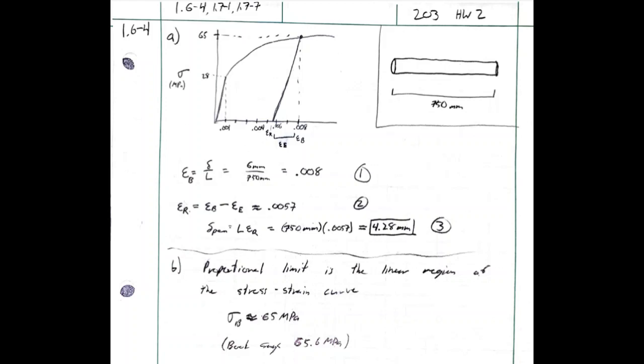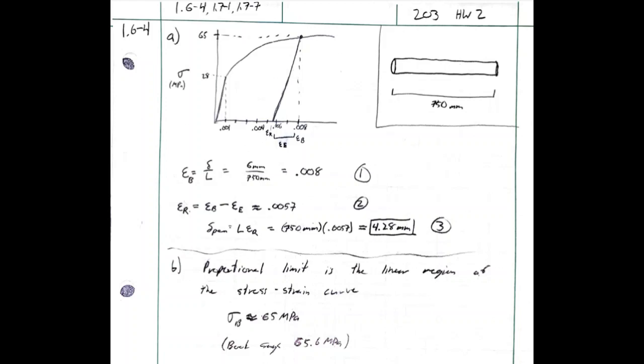So you can see that I've drawn a line that is parallel to the initial line that ends at 0.001 and 28 megapascals, and it follows that down until it gets to 0. At that point, we have our permanent set, or our permanent strain.